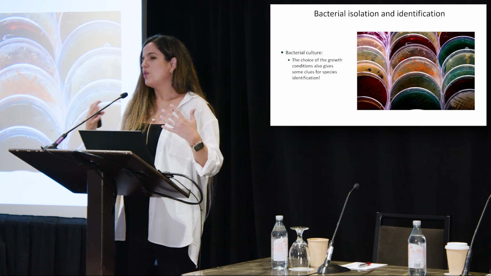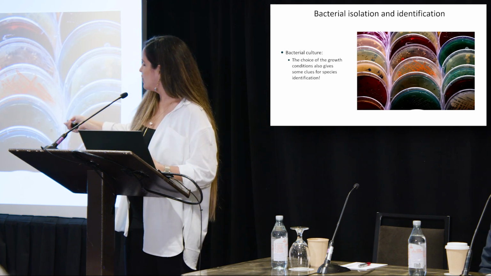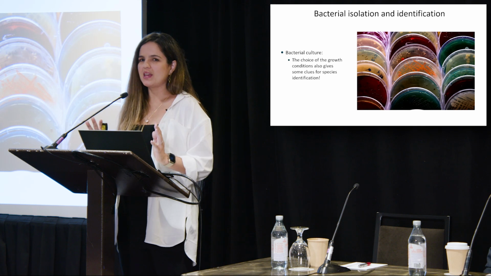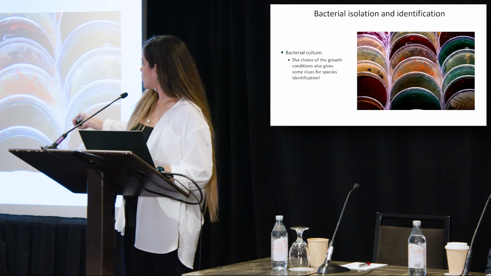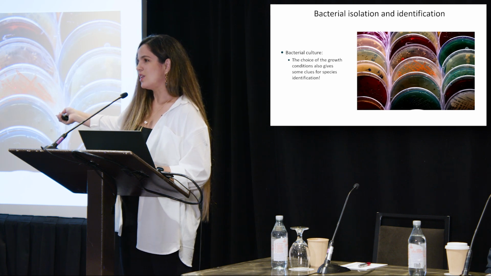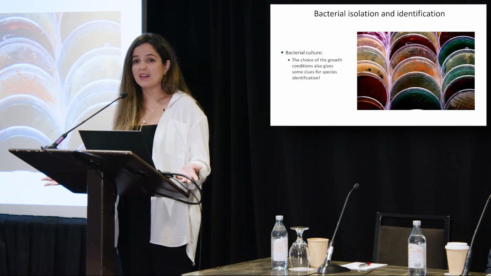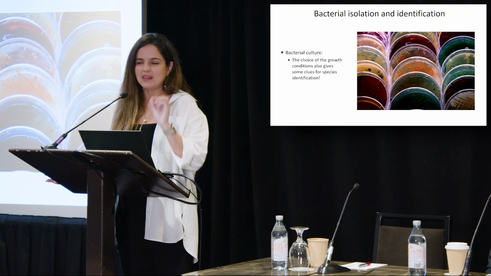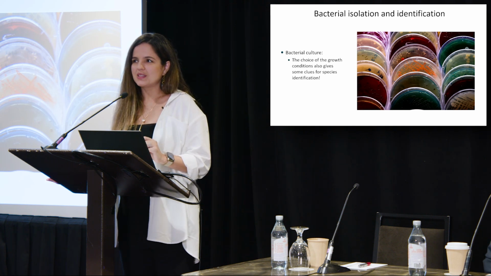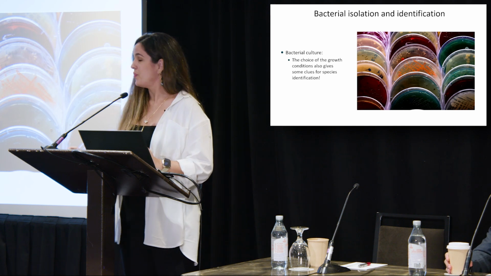And depending on the color that they show on the agar, it gives me already a hint of who they are. So if it's Escherichia coli, it's going to grow orange. If it's a Salmonella, it's going to grow green with a black spot in the middle. And that black spot in the middle also means a lot to us, and I will show you why, right?